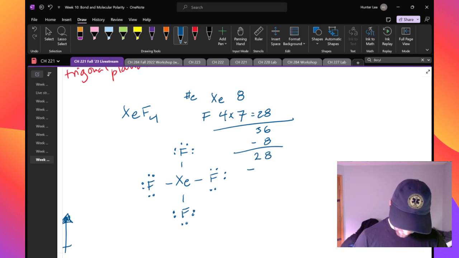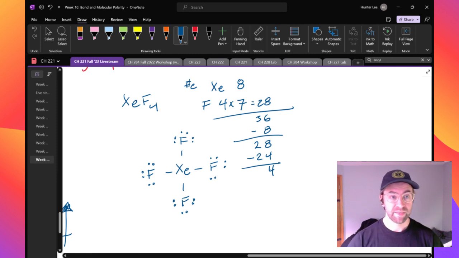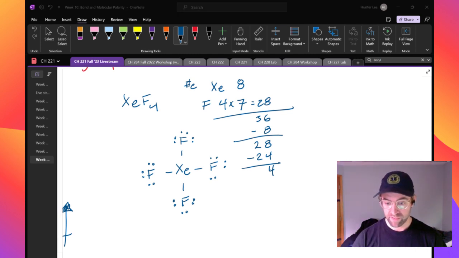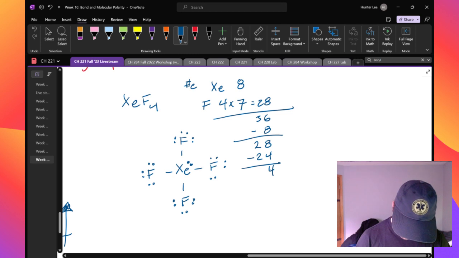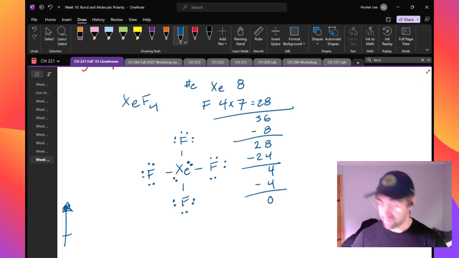And we have 6 times 4 is 24. Leaves us with 4 electrons to account for. Xenon is in group 3 or above, so it can be hypervalent. So we give it 2 lone pairs. That accounts for all of our electrons.